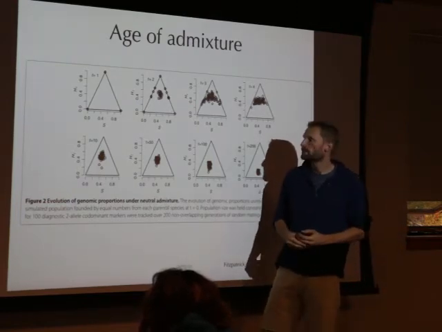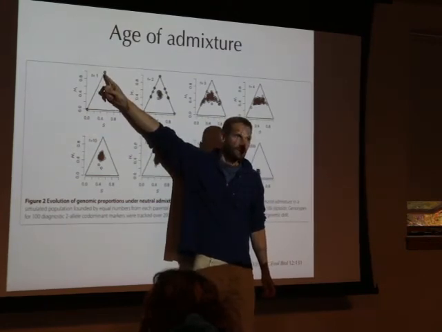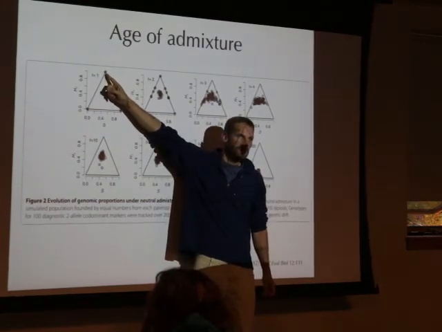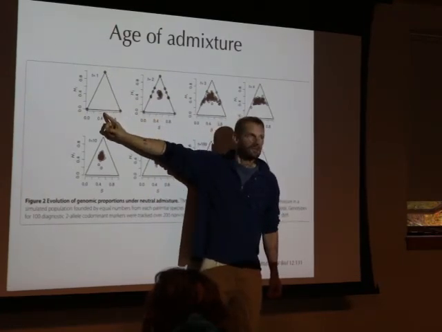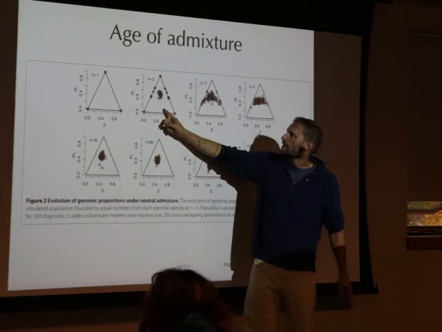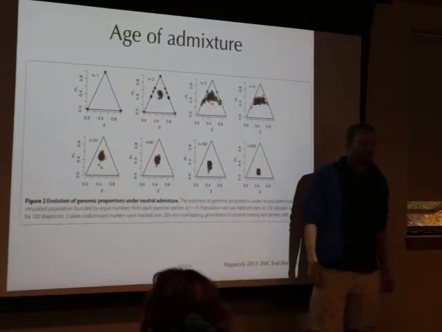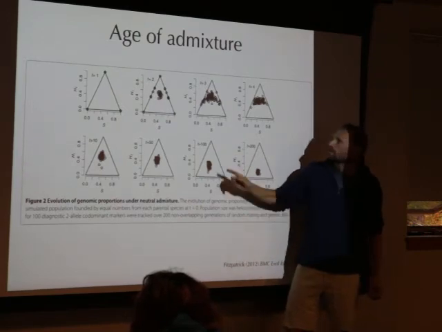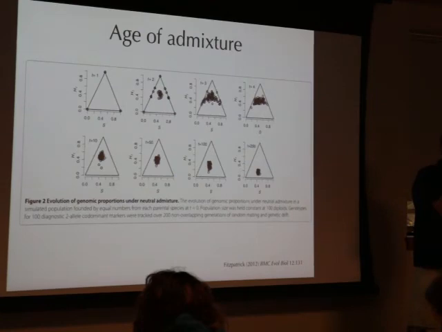So after one generation, you're going to have pure parents and F1s. And the F1s will be purely heterozygotes and have a 50-50 proportion of ancestry. After the second generation and third and fourth, and so on, those patterns of heterozygosity and hybrid ancestry will shift.